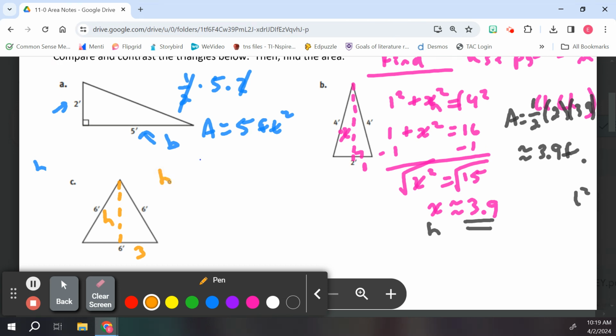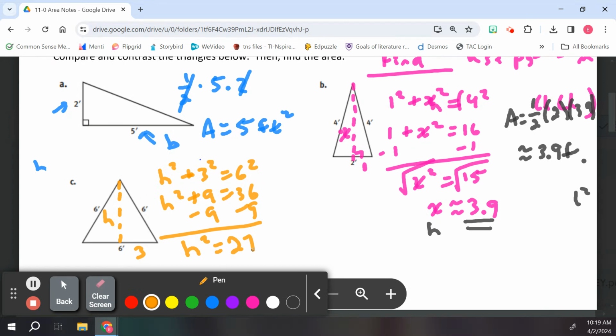So h squared plus 3 squared equals 6 squared. So h squared plus 9 equals 36. Subtract 9 from each side. This leaves you with h squared equals, was it 27? And then take the square root of each side.